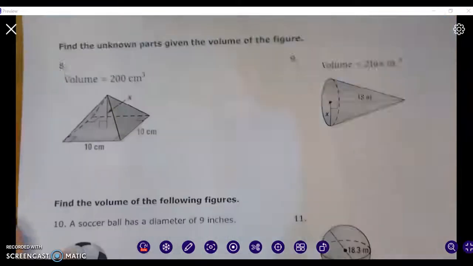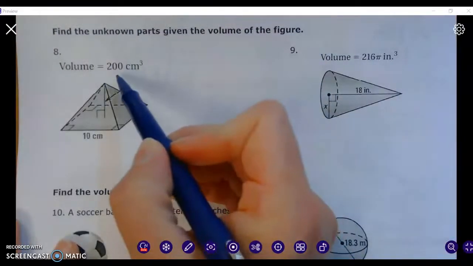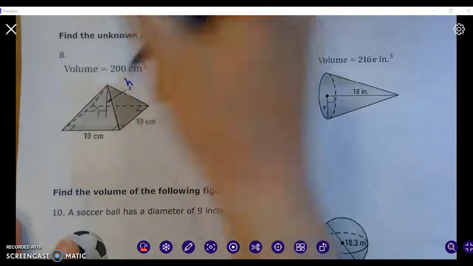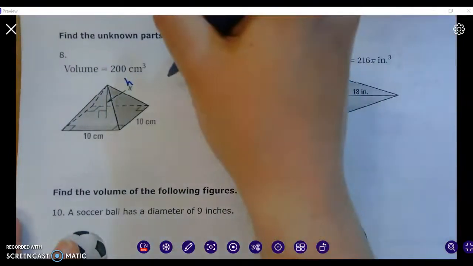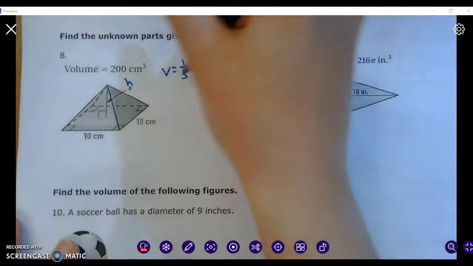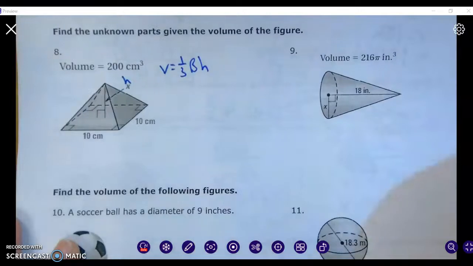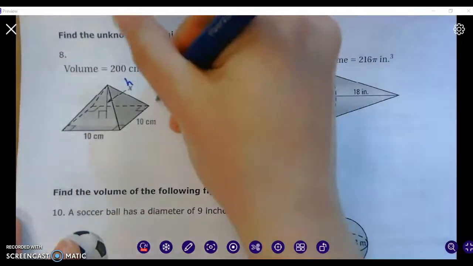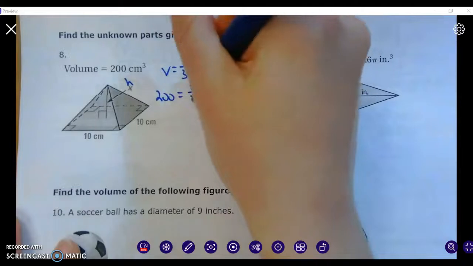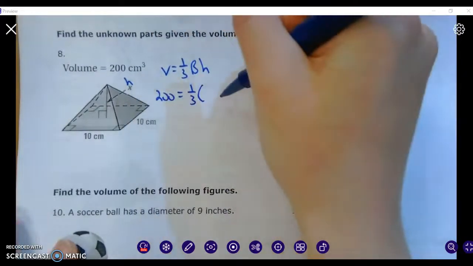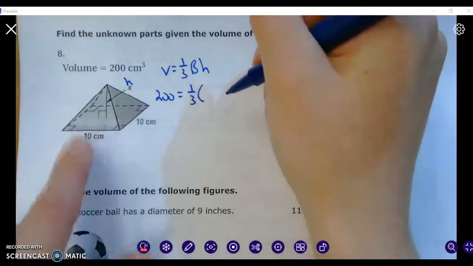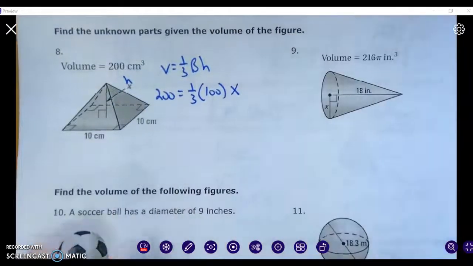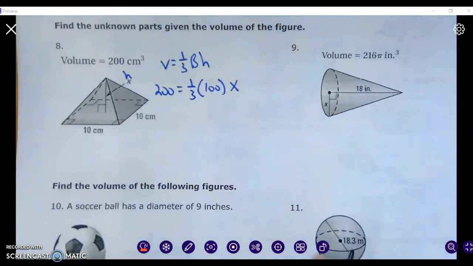Okay, number 8, we are given the volume of the pyramid and we are looking for x, and x represents the height. So let's copy down the pyramid formula. 1/3 b times h. So I'm going to plug 200 into v. And then our base area is 10 times 10, so 100. And then x is our height.